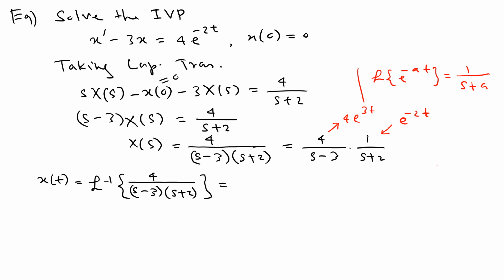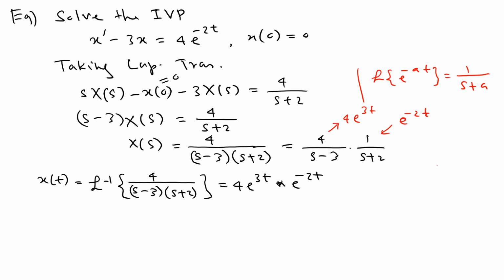That means by the result, this is simply going to be 4 e to the 3t convolved with e to the negative 2t. So that's the result. Now we're going to find the convolution.